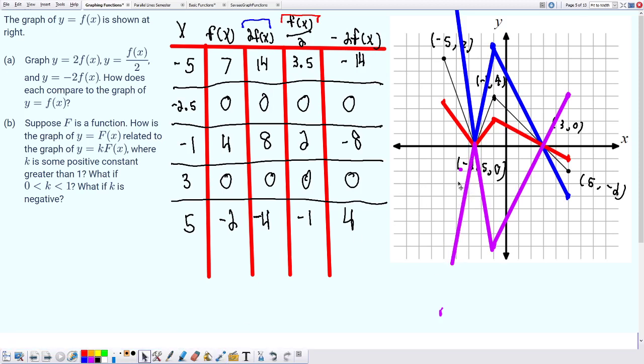Okay, so what seems to be going on? How does each graph compare to the graph y equals f of x? Well, we notice that the purple graph is reflecting the values of the blue graph over the x-axis. We can see how it's mirrored, the blue and the purple.